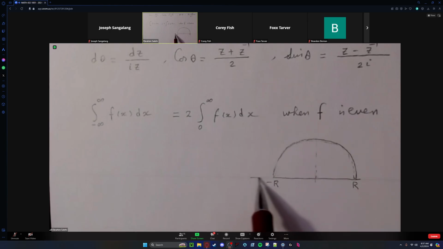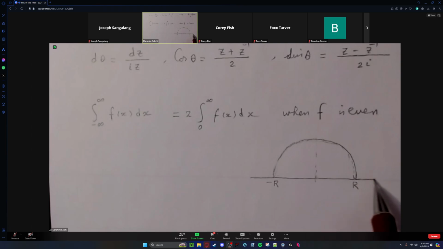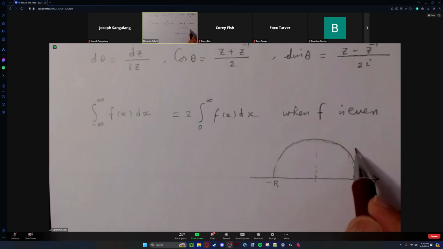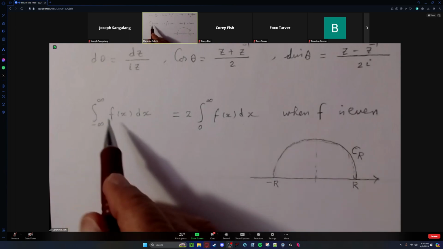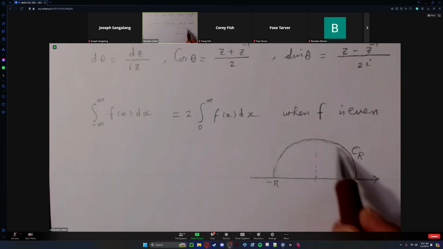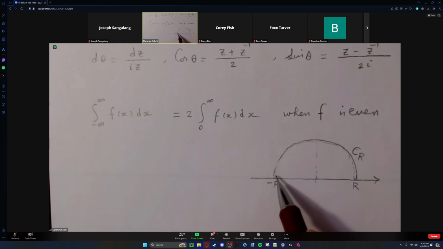This is the x-axis. Here's the y-axis. So this is the CR, okay? So we consider f of z and we integrate over this closed contour, this closed curve.